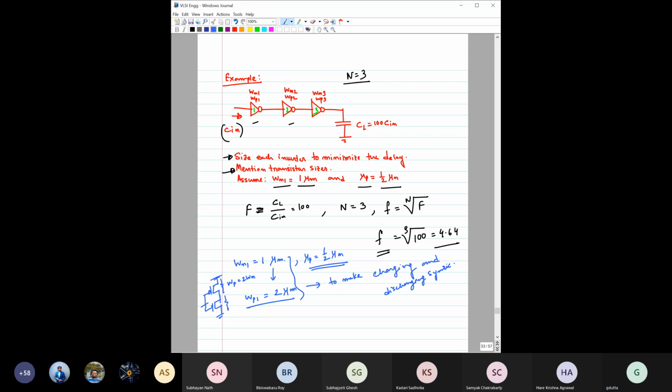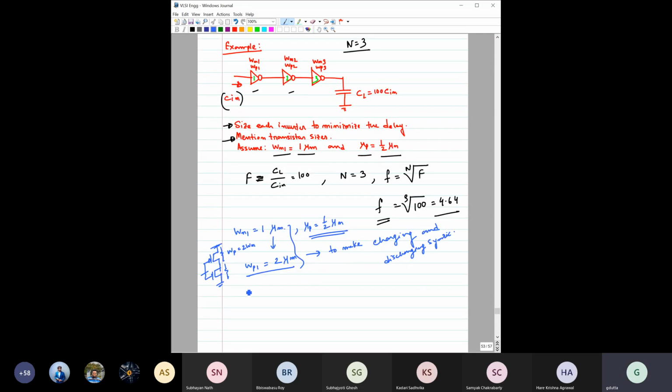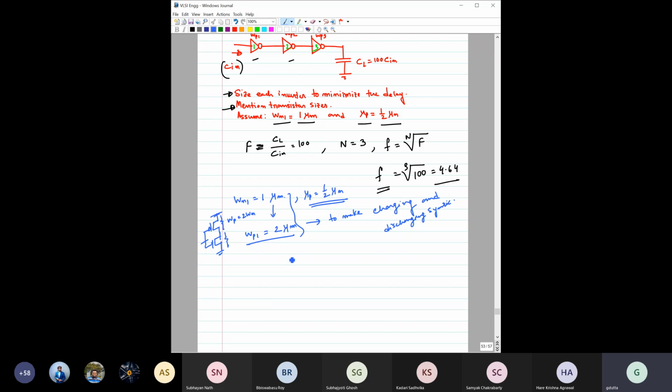Okay, you have a point there. So if this is true, then we also need to find the values of WN2 and WP2. Can you help me find WN2 and WP2? What should be the width of this NMOS for the second stage?